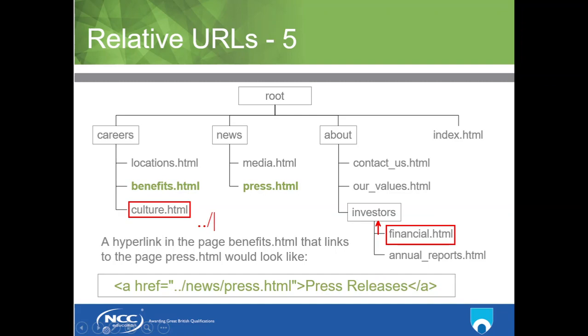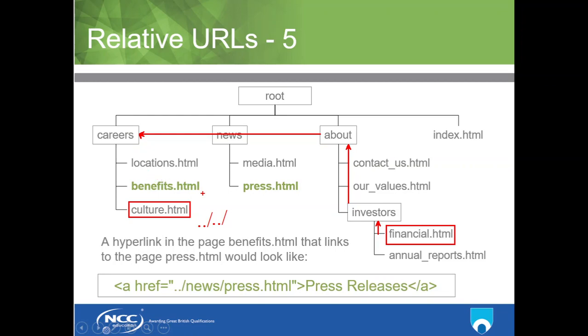So next we need to get out of the about folder. So how do we get out from the about folder? Again, we do that, like that. Then from there, we need to get into the careers folder.